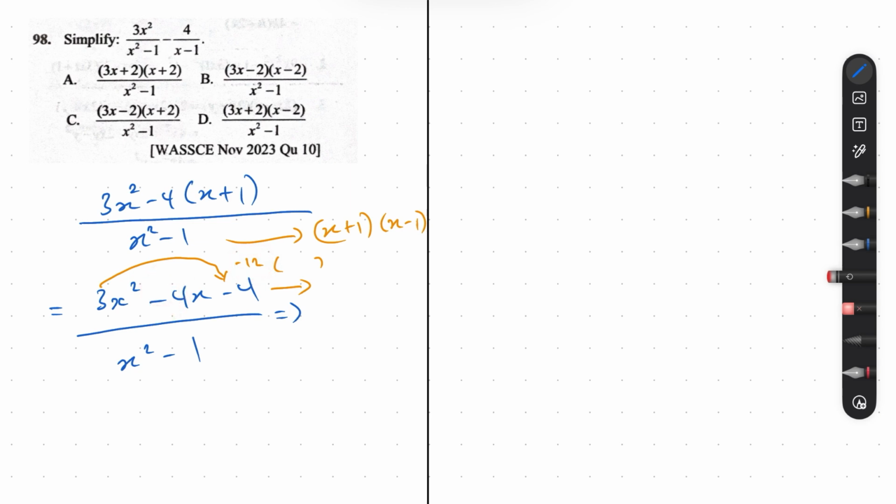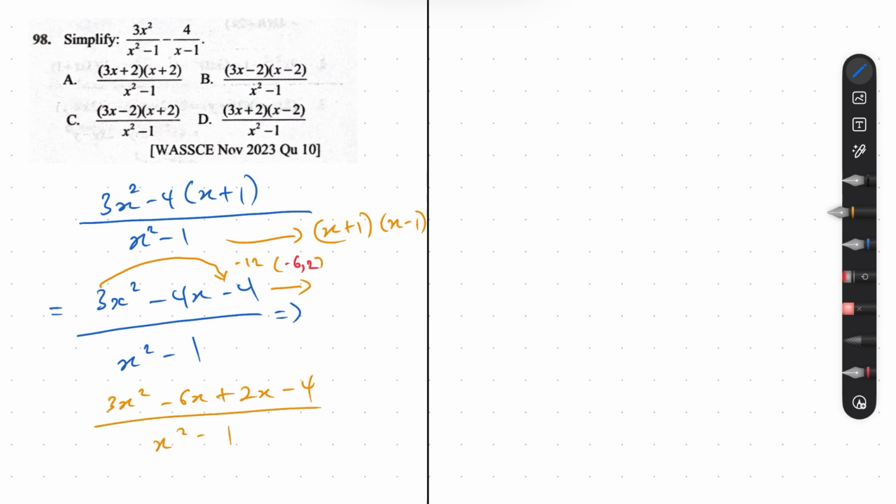That would be negative 6 and 2, right? If you multiply them, you have negative 12. And when you add them, you have negative 4, which is the coefficient of x. So those are our two factors. Let's write that down. So we have 3x squared minus 6x plus 2x minus 4, all over x squared minus 1.